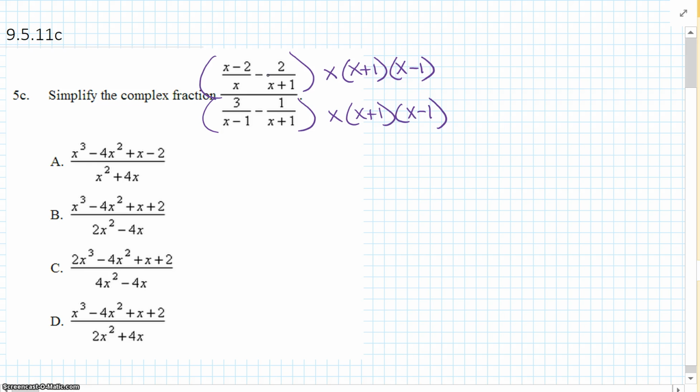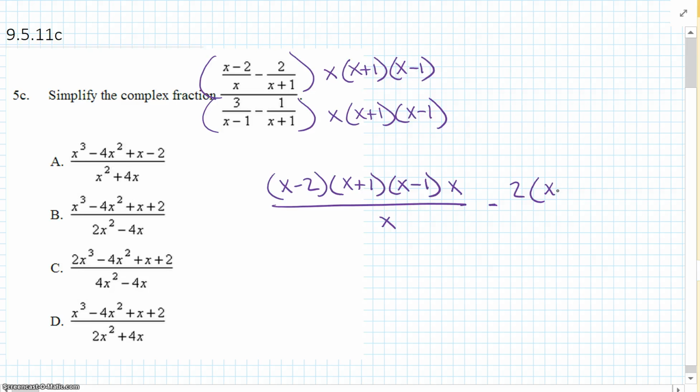So let's look at the first term. The first term is going to be x minus 2 times x plus 1 times x minus 1 times x over x minus 2 times x times x plus 1 times x minus 1 all over x plus 1.